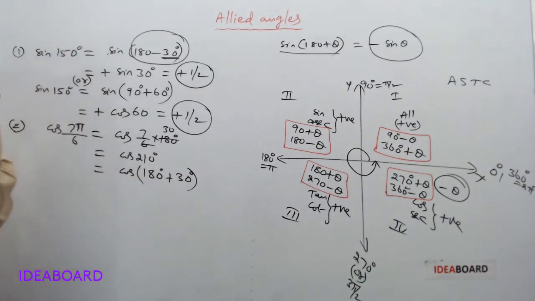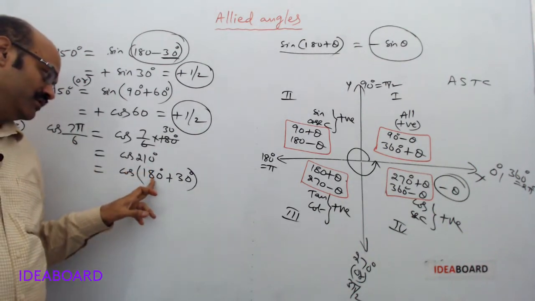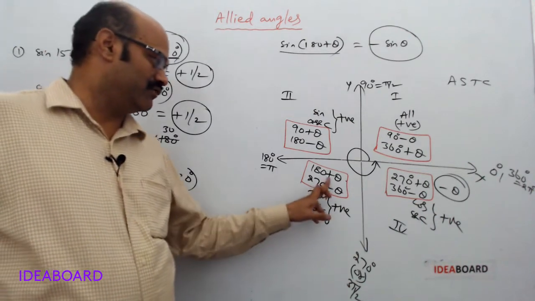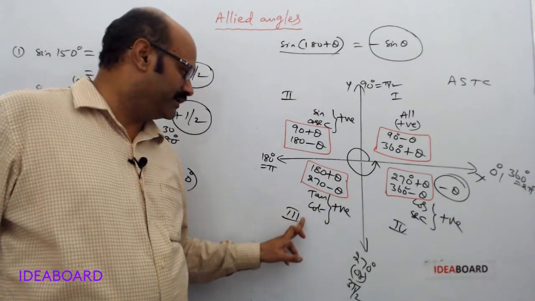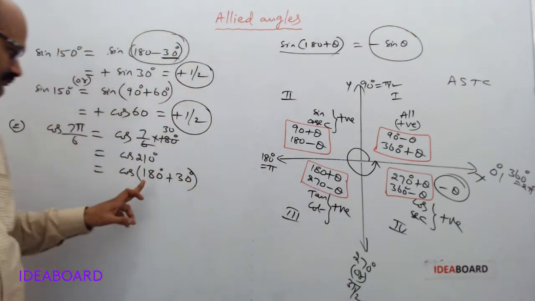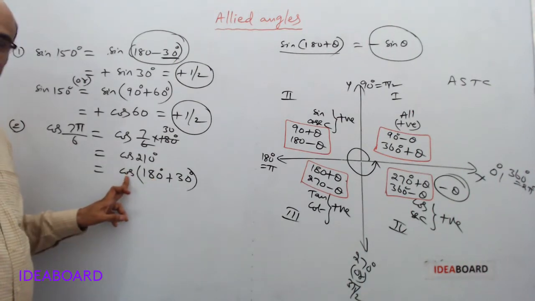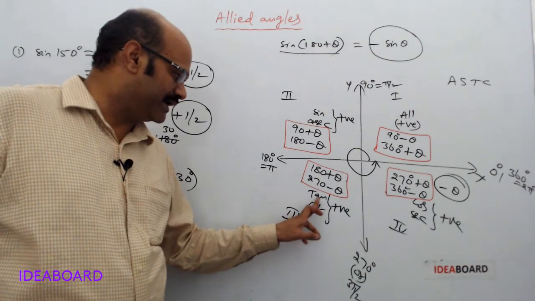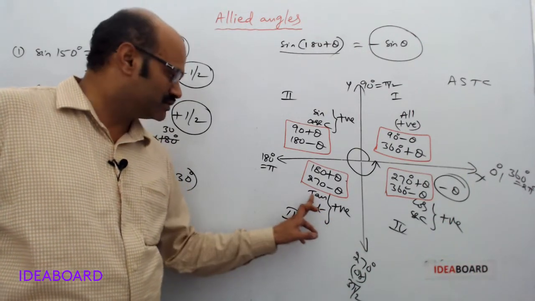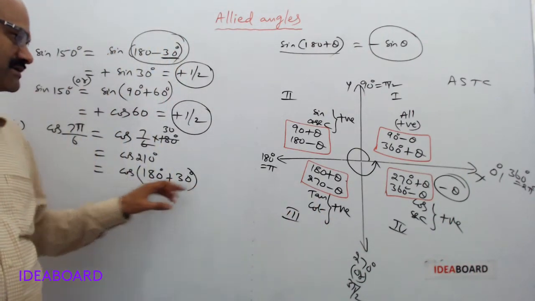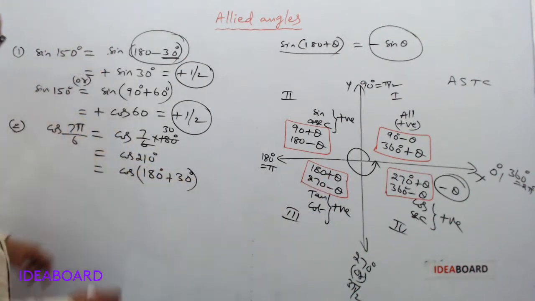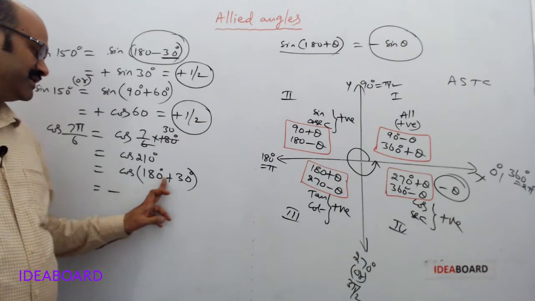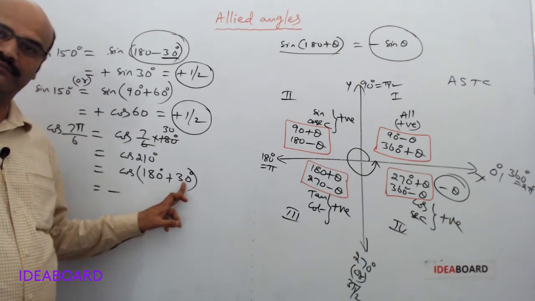Now here, 180 plus theta lies in the third quadrant. In the third quadrant, is cos positive or negative? We have to check it. Only tan and cot are positive, so here we have to take cos as negative. 180 plus theta is allied to theta here.